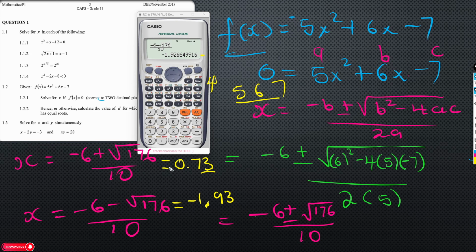So we are following two decimal places, like 1.93. This will be two decimal places and this will be two decimal places.